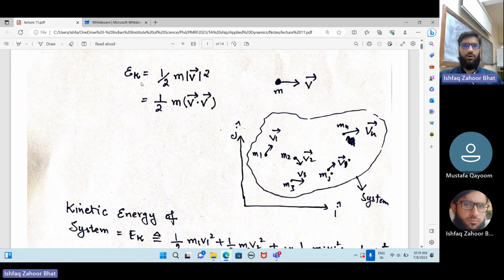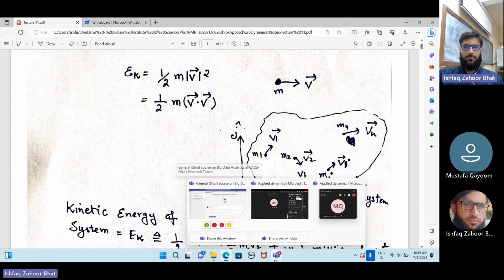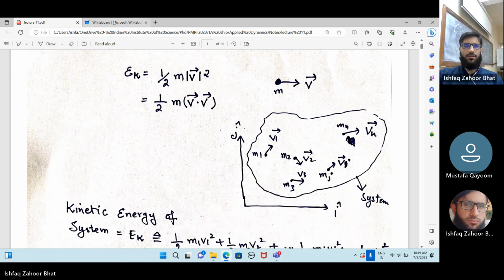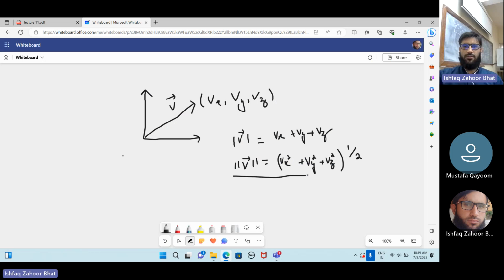When I am saying mod of V, it is not the first norm, it is the second norm. Although I have put only one bar like this, you should understand that it is not the first norm, it is the second.